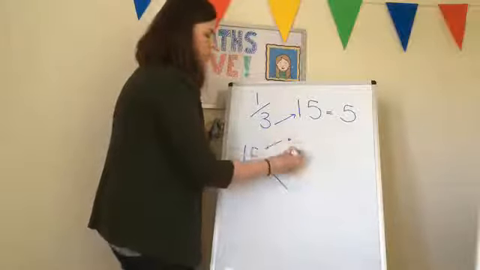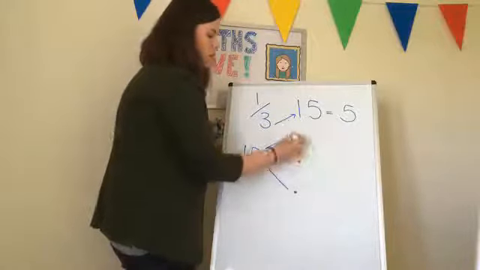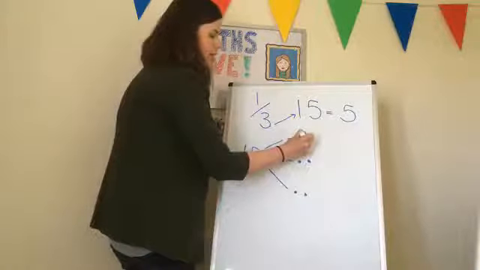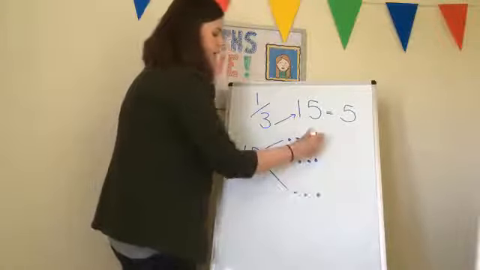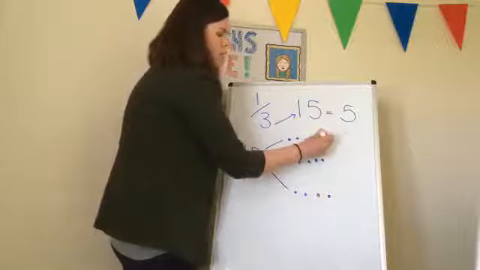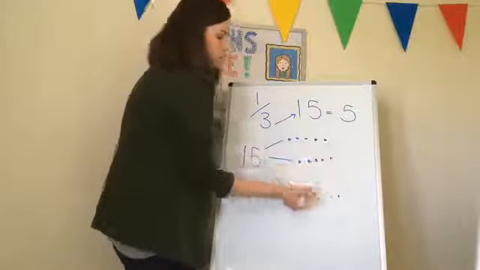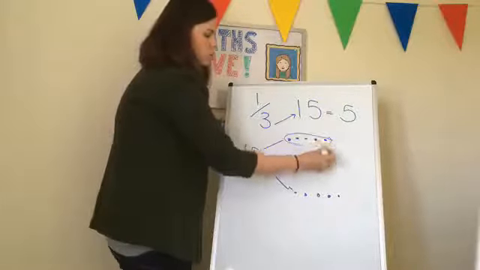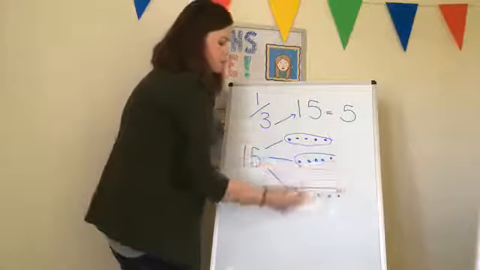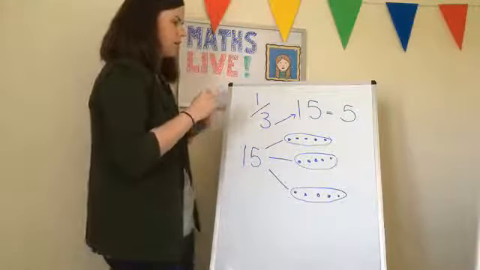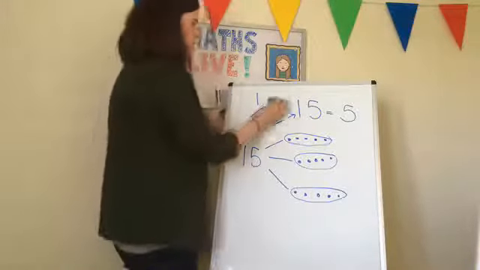So you say, right, 1, 2, 3, 4, 5, 6, 7, 8, 9, 10, 11, 12, 13, 14, 15. So as you can see, each person has got 5 sweets. So when you split 15 into thirds, it's 5.